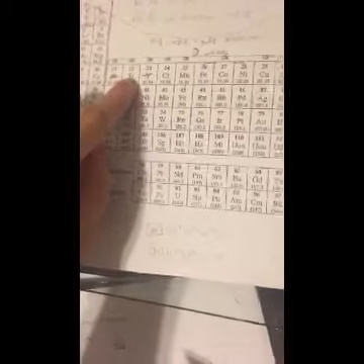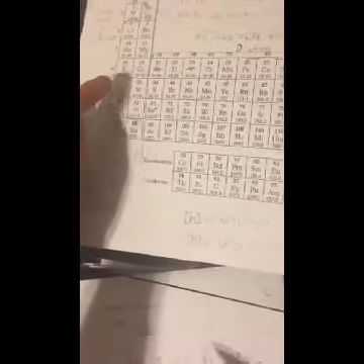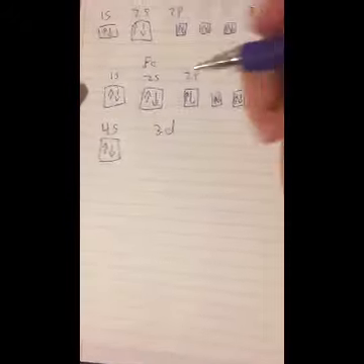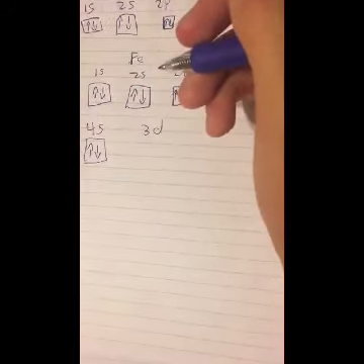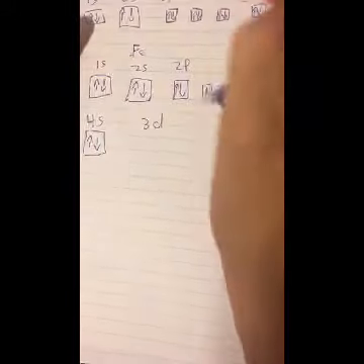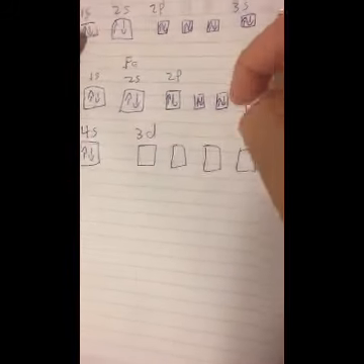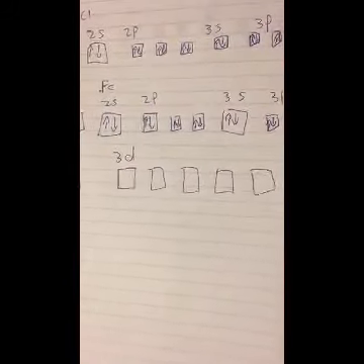But now since we're in our D region, we go back to one before this period. So we go 3d, because as you know, the energy level for d is one before our current level. Since d has 5 orbitals, we do 5 boxes. And as the third rule states, each orbital has to contain 1 electron before we can pair them up.